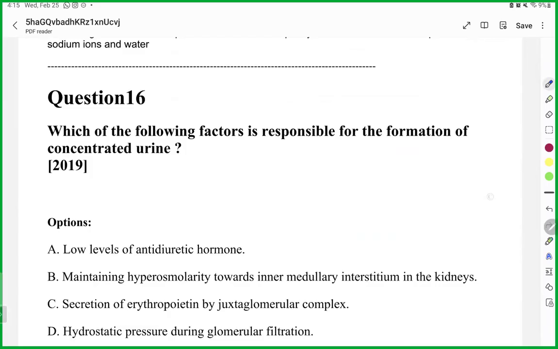Which of the following factors is responsible for formation of concentrated urine? Low levels of antidiuretic hormone, maintaining hyposmolarity? No. Hydrostatic? Is it option A?